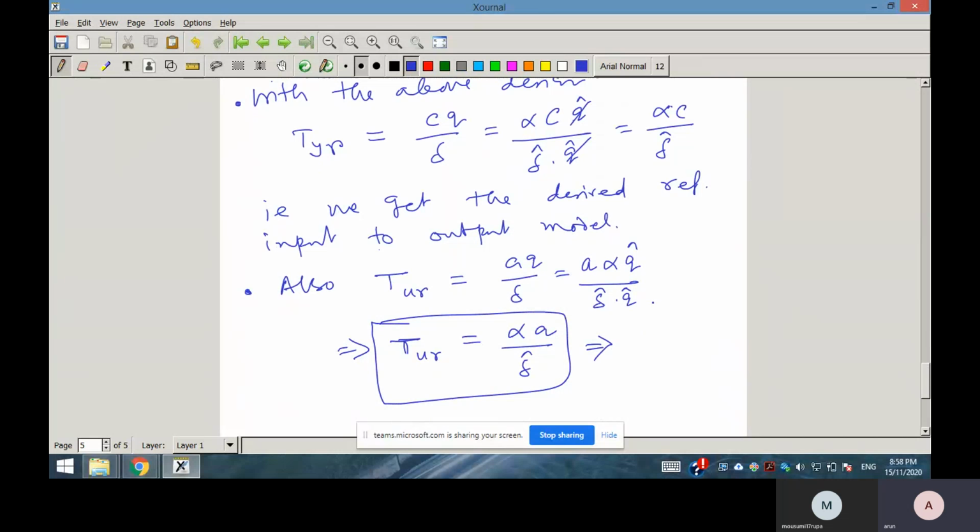So this implies control effort to output characteristics will be independent of choice of Q hat. This is a very important result.